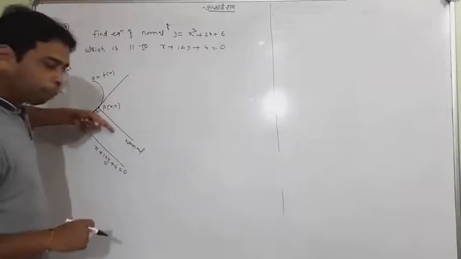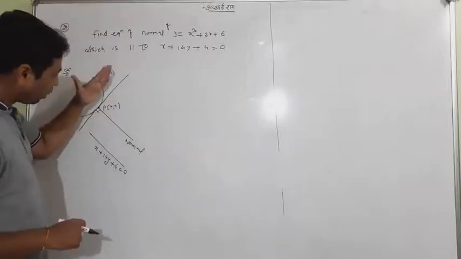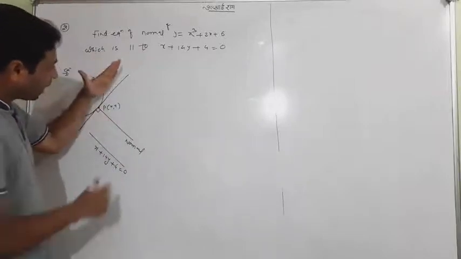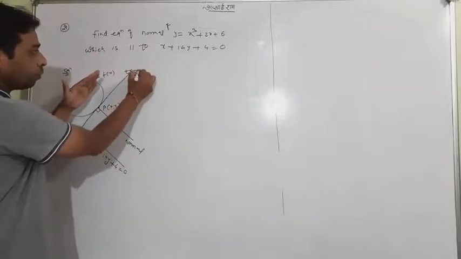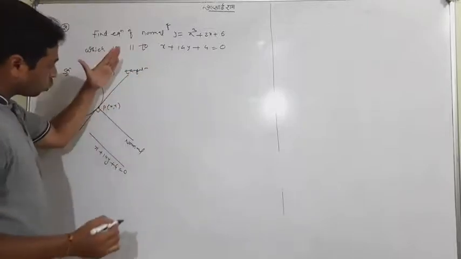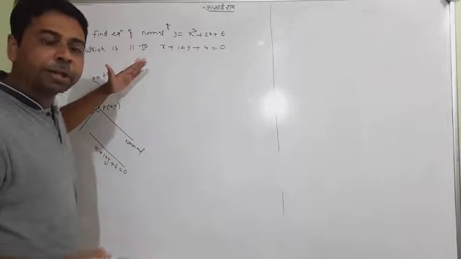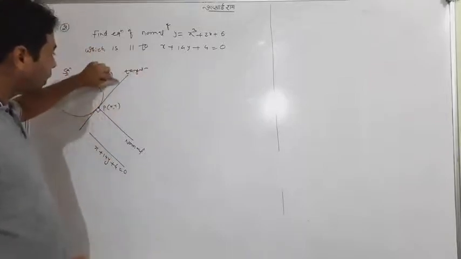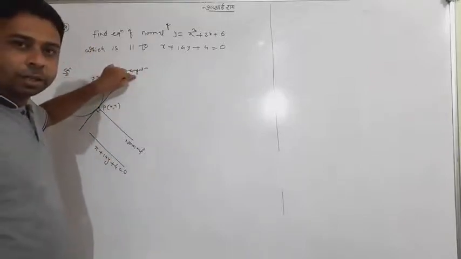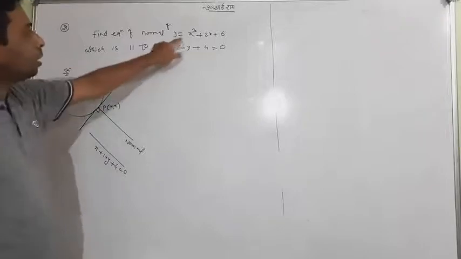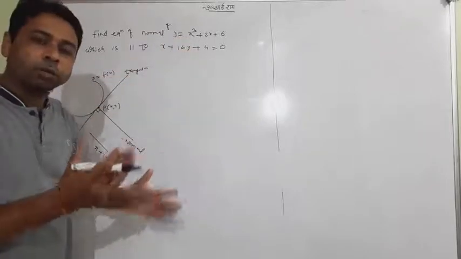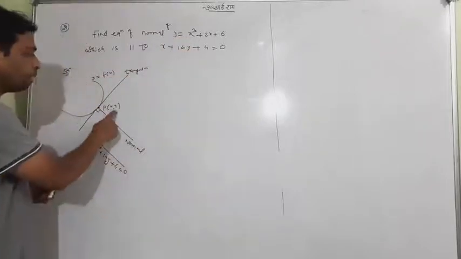Slope of normal into slope of tangent will be -1, by which I can easily find the slope of the tangent. And then I'll again use curve differentiation, and by doing the comparison, I'll get my P(x, y).